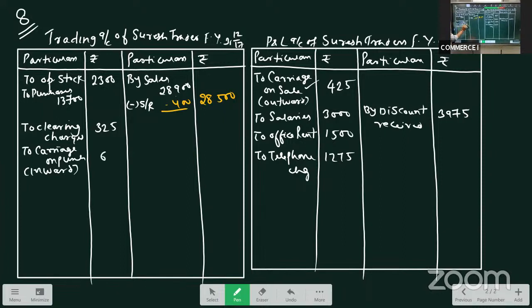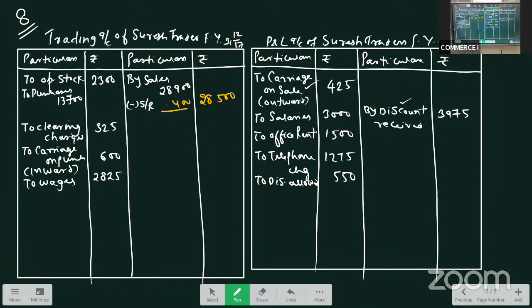It is 600. Next is wages. Wages are a direct expense again. Salaries go to P&L, wages to trading. It is 2,825. Next we have discount allowed. If you see discount received, I have taken it on the credit side. Likewise, discount allowed will be taken on the debit side. Discount allowed is given as 550.